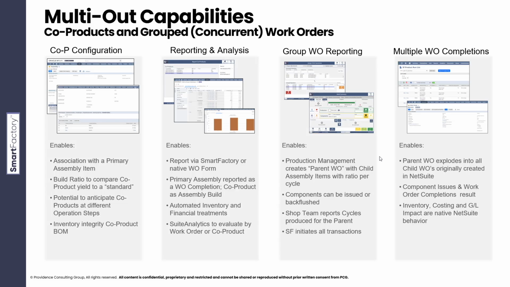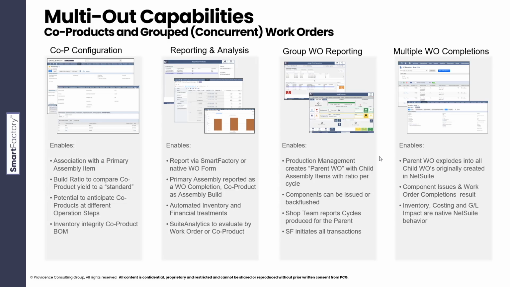So through the production management app, we'll see the ability to create a parent work order associating each of those children with one specific product run. Components can be issued or backflushed as they normally would. The shop team will report in cycles that work center typically reports in, and SmartFactory will initiate all the transactions.